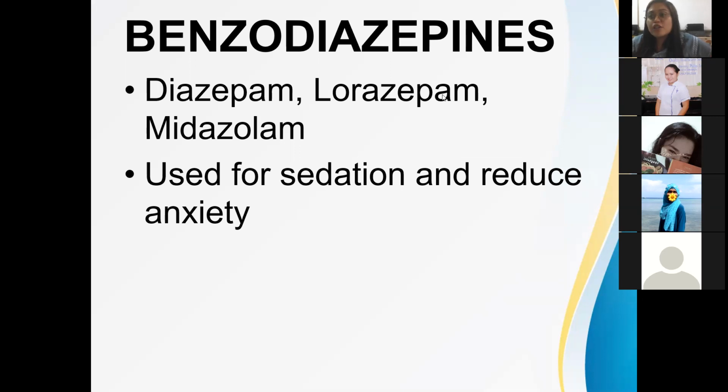Pero actually you can use the clorazepate, the chlordiazepoxide, itong mga long-acting nato ng mga benzodiazepines. Pero ang pinaka-common man jud good kung especially sa hospital settings, kanang sikat good ni silang tatlo. Diazepam, lorazepam, and midazolam. Though midazolam is not a long-acting benzodiazepine. Okay, questions? Pang-sedate sa patient and to reduce their anxiety.